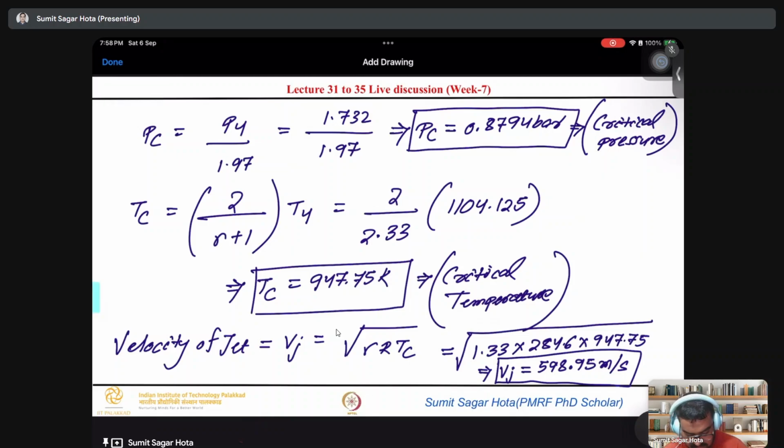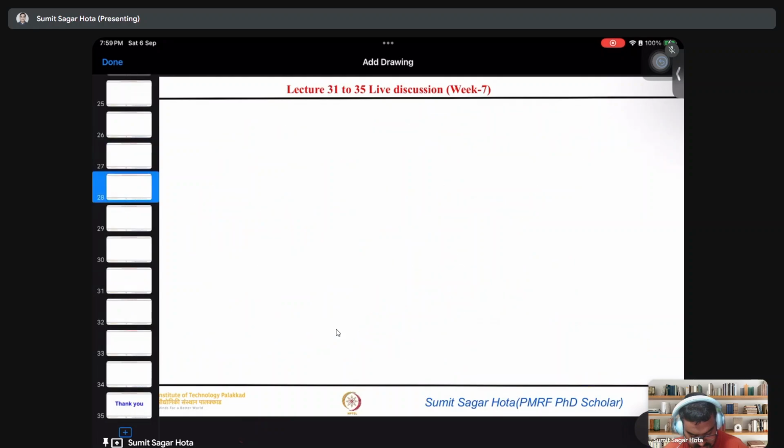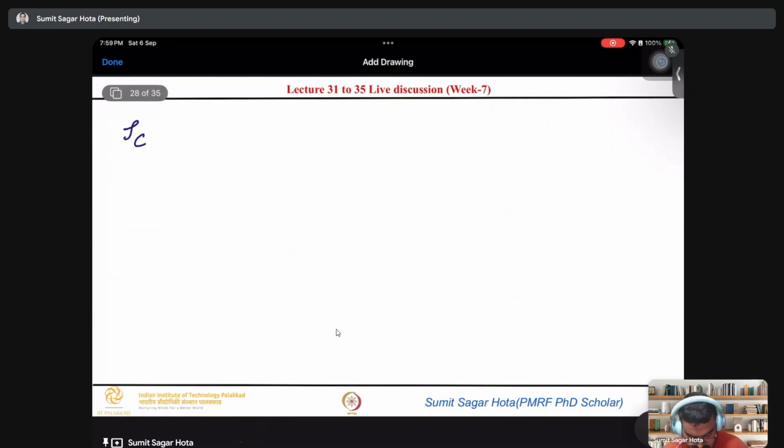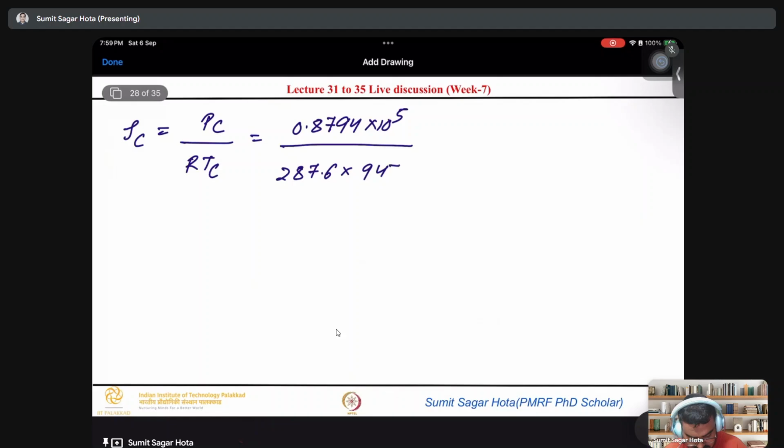Let's calculate rho c. Rho c is Pc by R Tc, which is 0.8794 into 10 to the power 5 in Pascal, I just converted, and R is 287.6 into Tc 947.75. If you solve it, you will get 0.326 kg per meter cube.